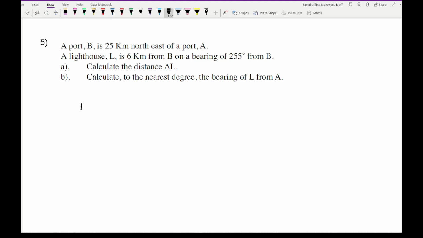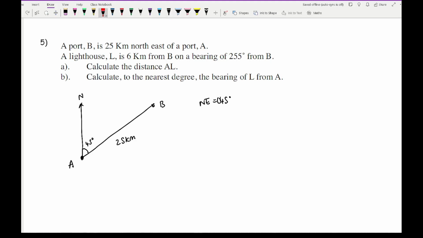If I start by drawing a north line, and we will call this point here port A, port B is 25 kilometers on a bearing of northeast. So northeast is going to be there, and northeast is 045 degrees. Let's just call this B, and that distance there is 25 kilometers.